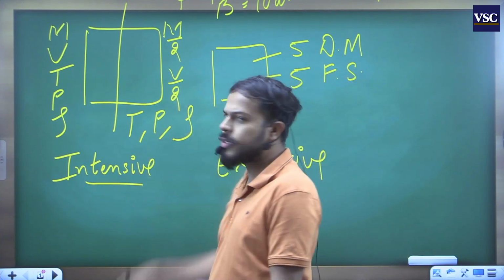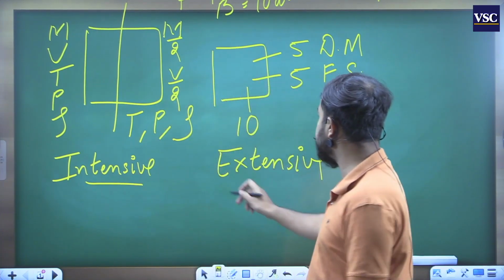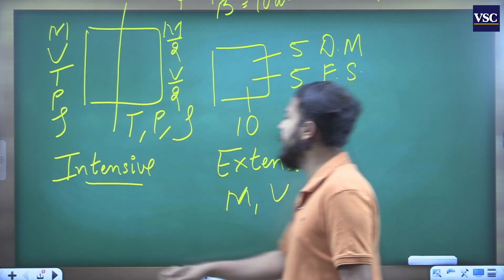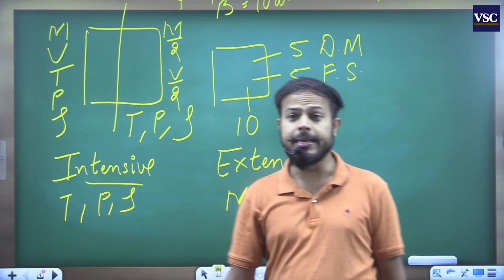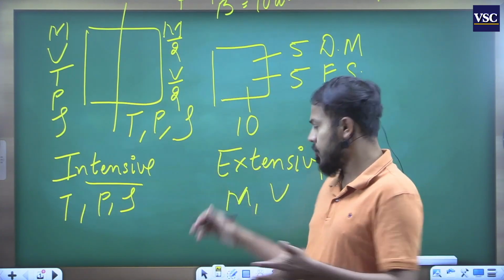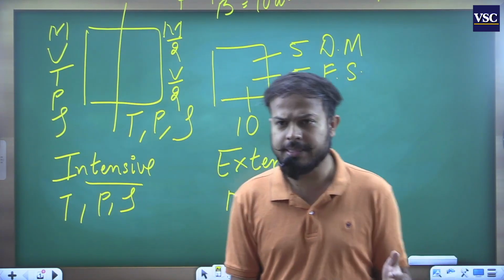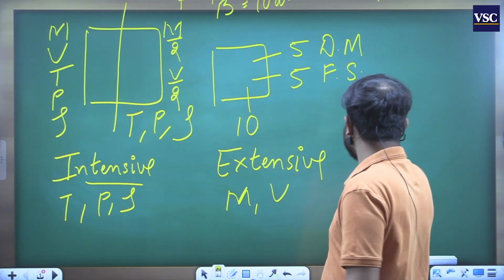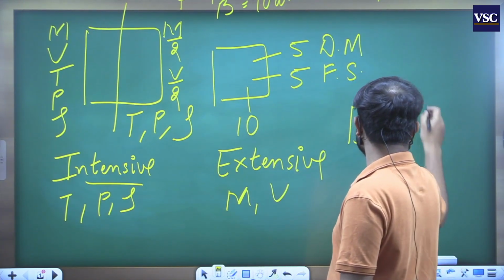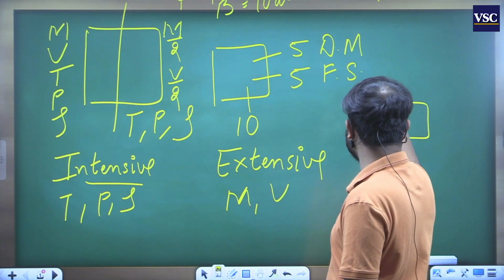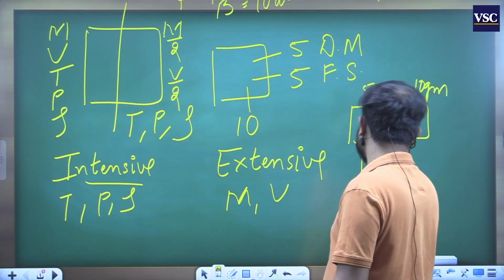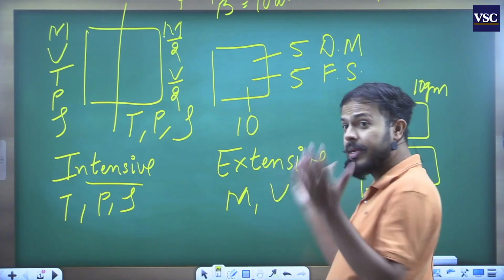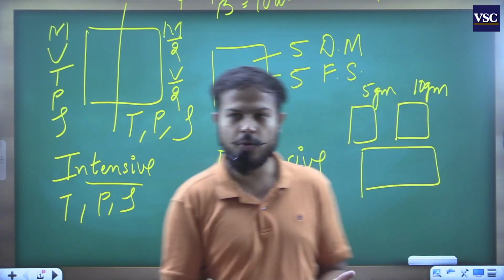That mass and volume got halved, so these are extensive, while temperature, pressure and rho are intensive. Now we have understood the difference between intensive and extensive. Let's take one example. If you have two containers, one has 5 gram and the other has 10 gram, and you mix both of these into a bigger container, the mass, you add them.